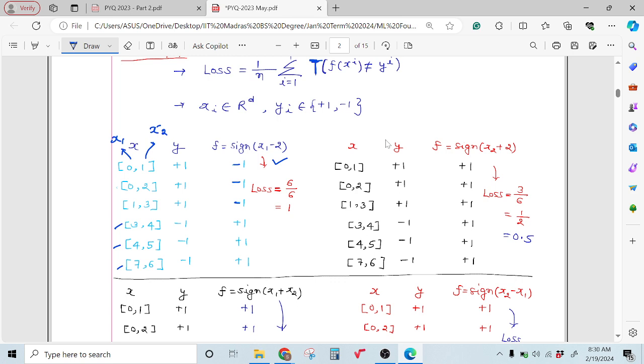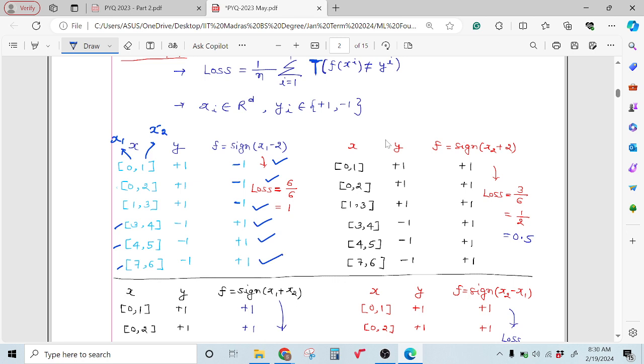And this is also deviating from the output, so it will also be considered. This is also deviating, we will consider this. This is also deviating, we will consider this. We will consider this minus 1 plus 1 also.